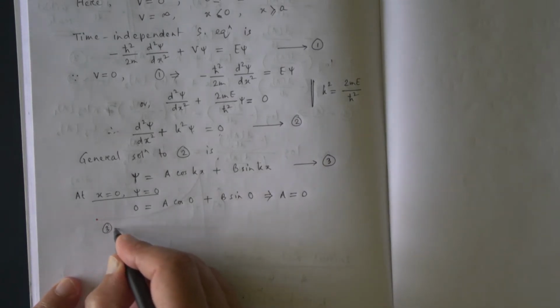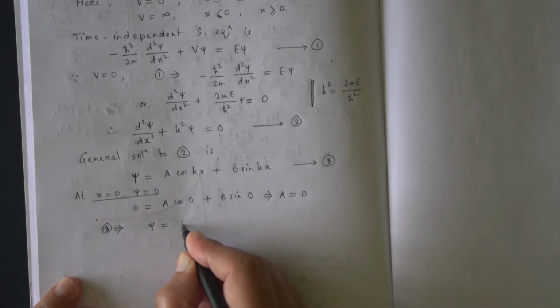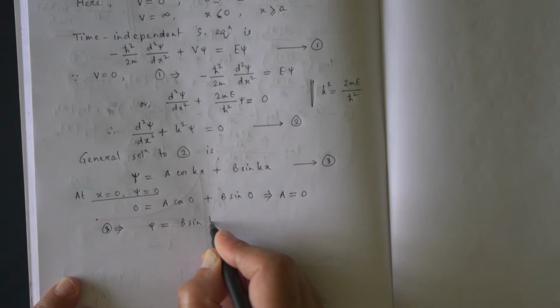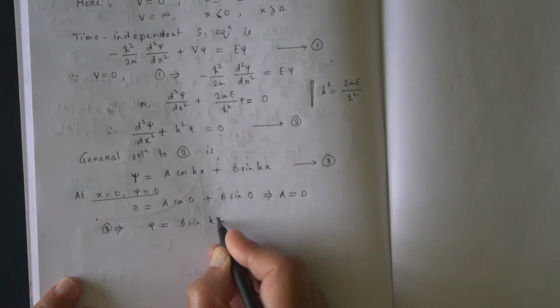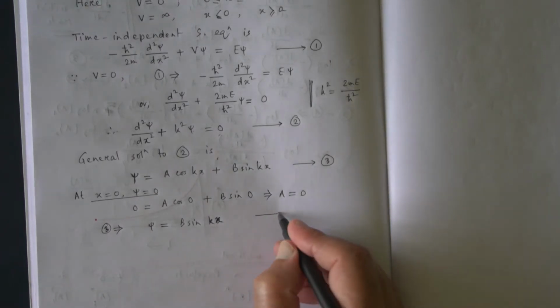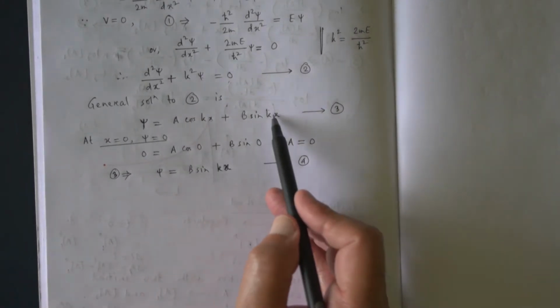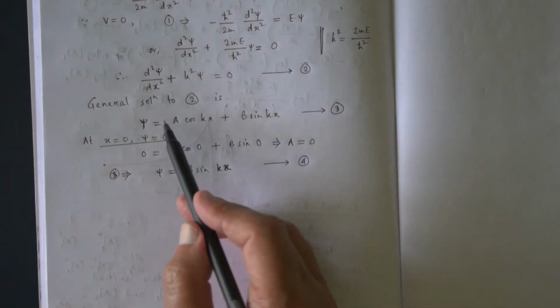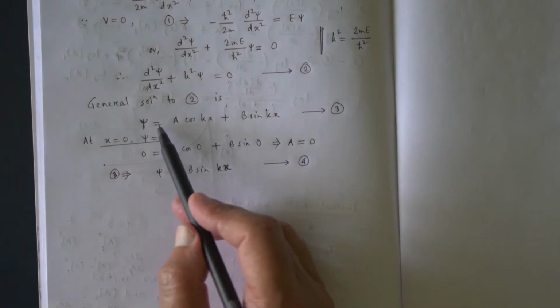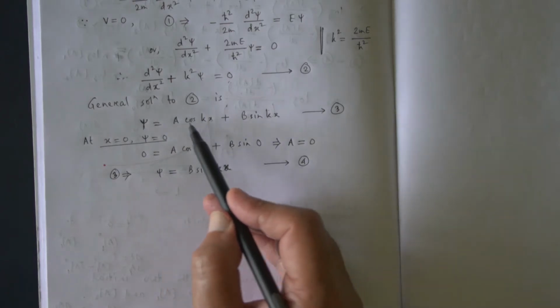So from 3, what do we get? Psi is b sin kx. So this is the value. You see, the general solution is this, but if we apply the condition that psi must be continuous, that is well behaved, then psi must be this, not this.